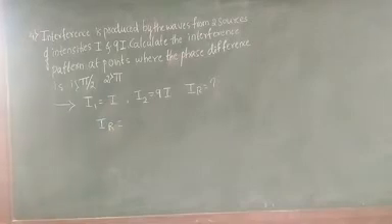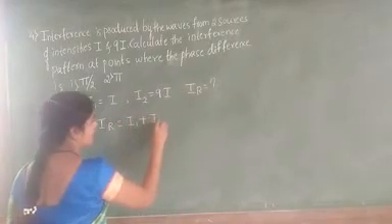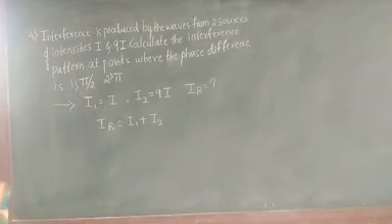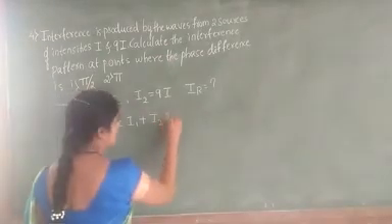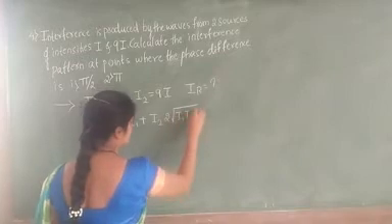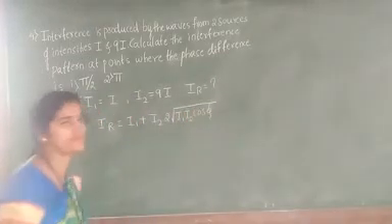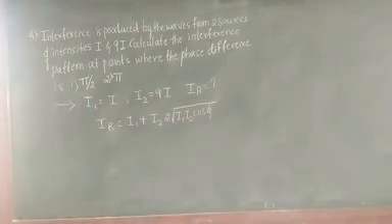Here we have to calculate the value of IR. The formula of IR is equal to I1 plus I2 plus 2 root of I1 I2 cos phi.